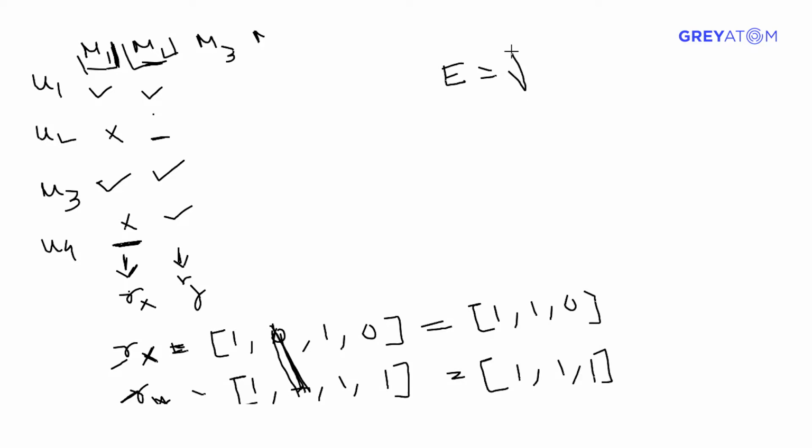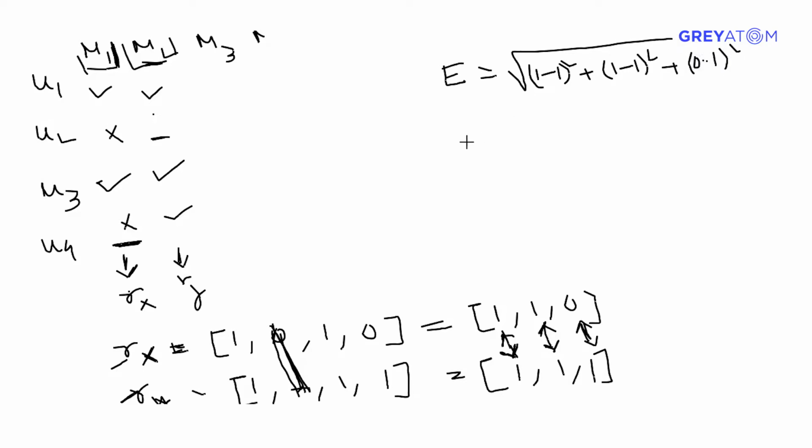You take pairs of these values, so you calculate (1 minus 1) square plus (1 minus 1) square plus (0 minus 1) square. That is your Euclidean distance, right?